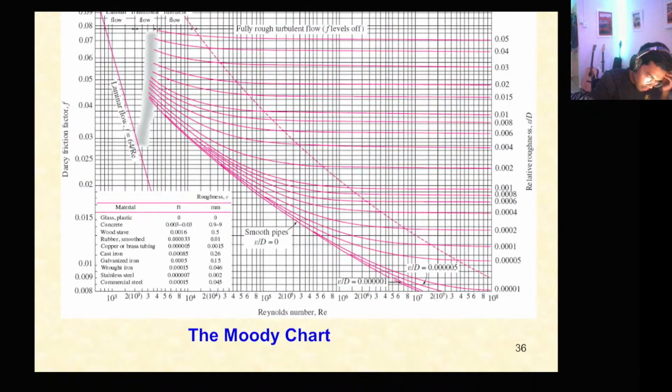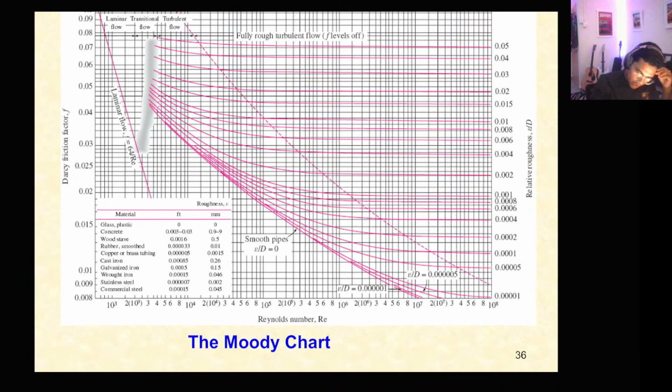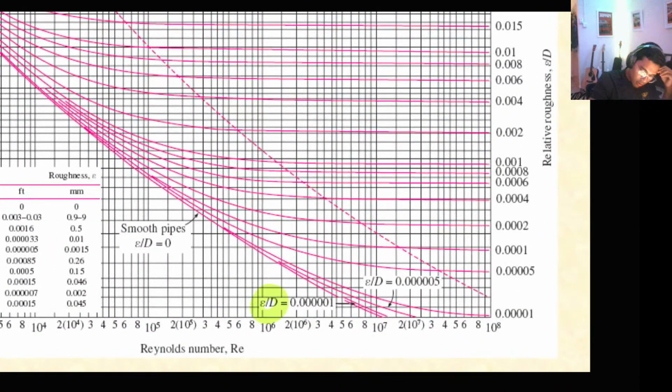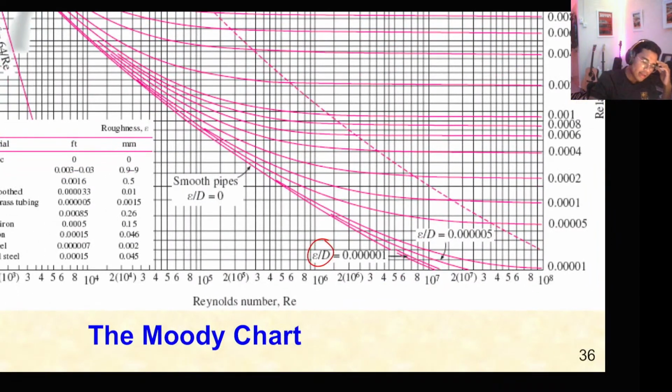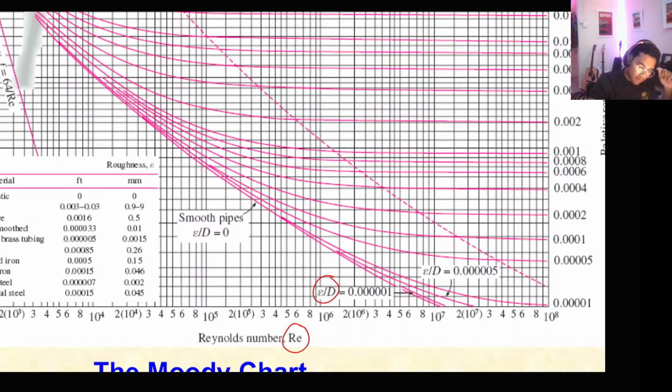Okay. So how do we use this chart? You might ask. So first, you need to find the roughness, the relative roughness. Secondly, you need to find your Reynolds number. From there, you can follow the line.